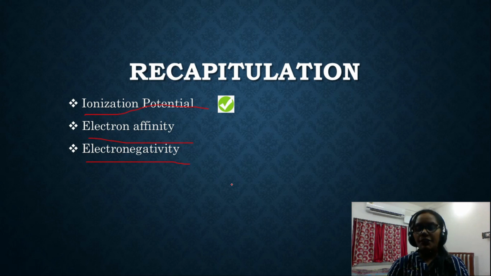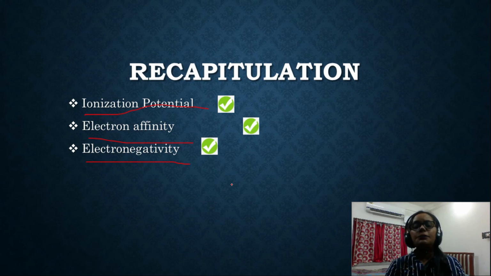From this portion, you can get a very common question: what are the differences between electron affinity and electronegativity?